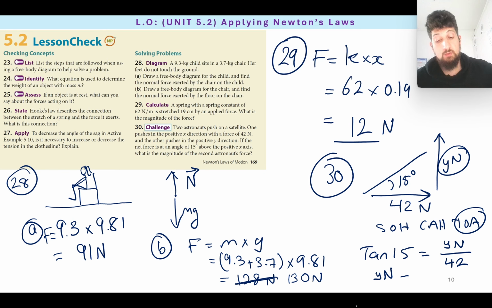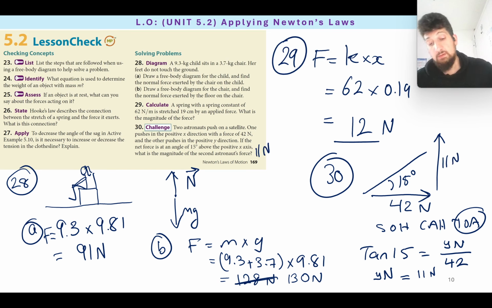So Y is equal to tan 15 multiplied by 42, which is 11 newtons. That's the answer.